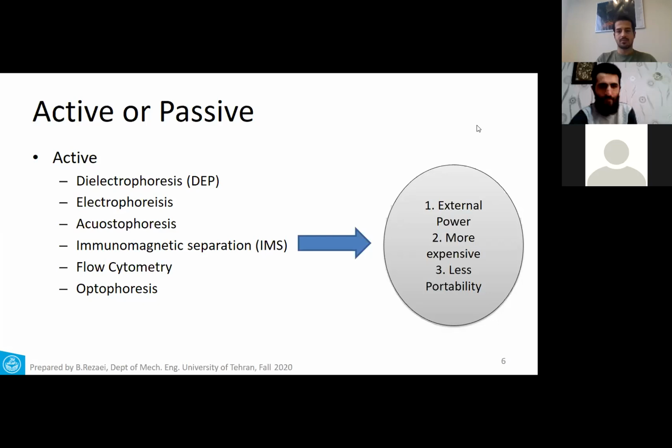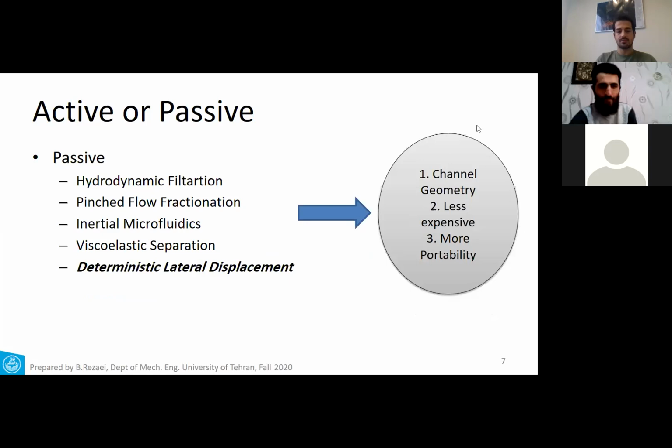Versus these active methods, there are passive methods: hydrodynamic filtration, pinch flow fractionation or PFF, inertial microfluidics, viscoelastic separation, and the last one, the subject of our presentation, deterministic lateral displacement.